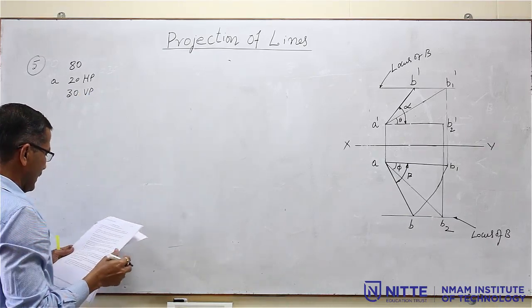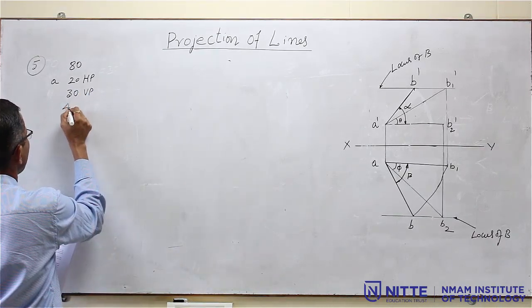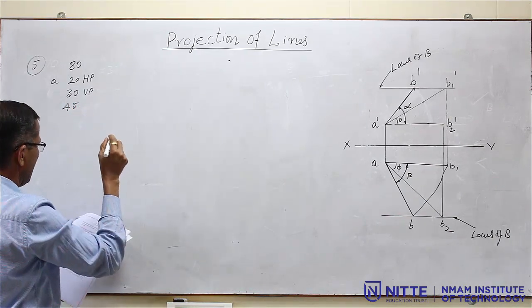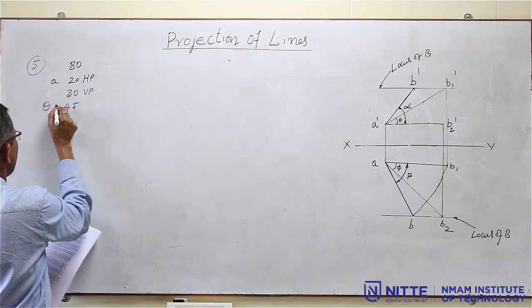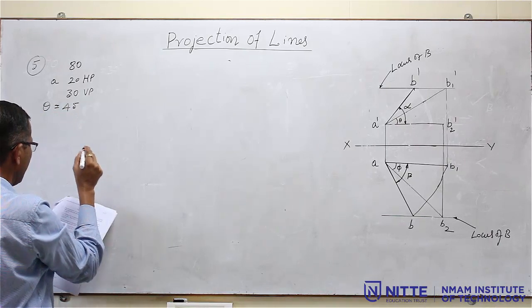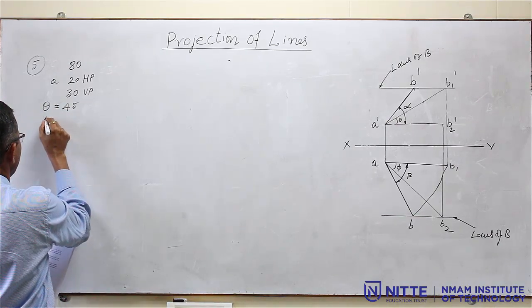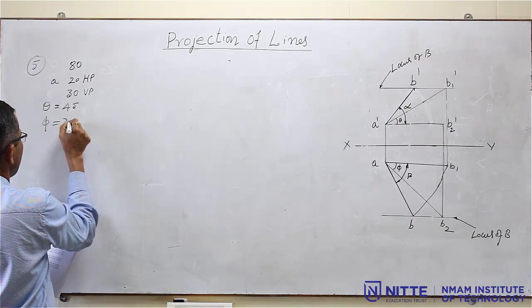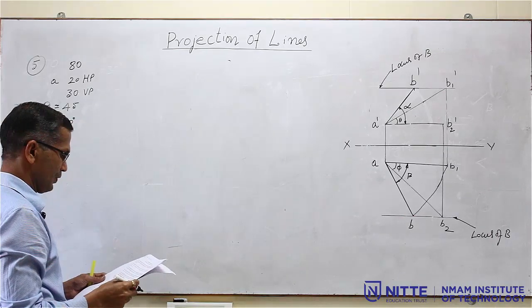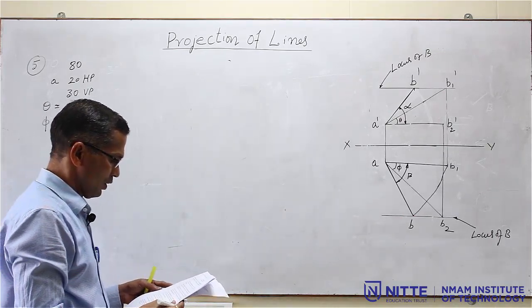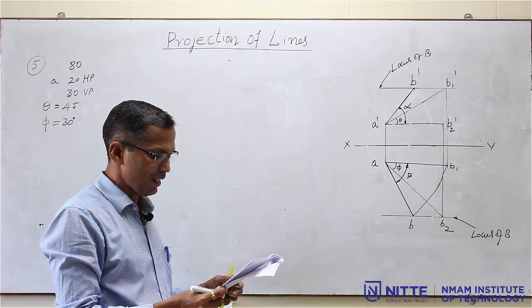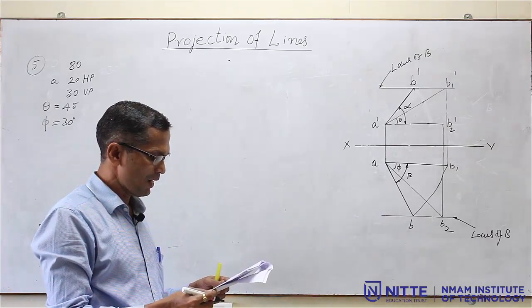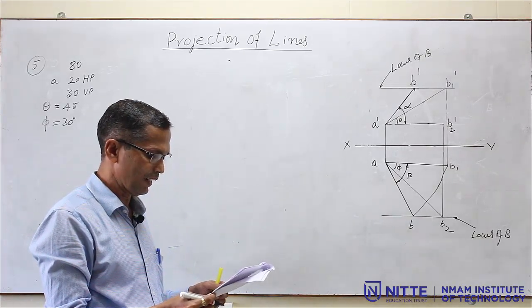It is inclined at an angle of 45 degrees to HP, that means theta, and 30 degrees to VP, that is phi equal to 30 degrees. Draw the projections of the line and find apparent lengths and apparent inclinations.